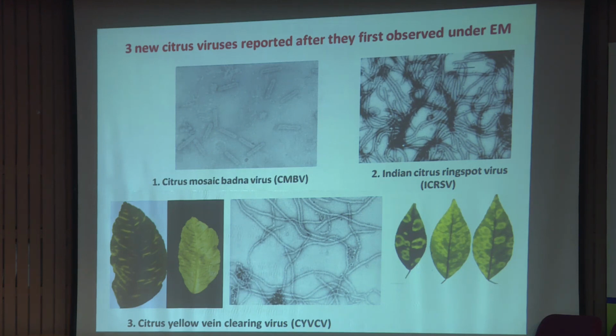And of these three viruses, this virus was also from India only, but now it has been reported from China and Pakistan and some other Gulf countries. So this was the importance of the electron microscope. If you have the facility, you can have good information, good results.